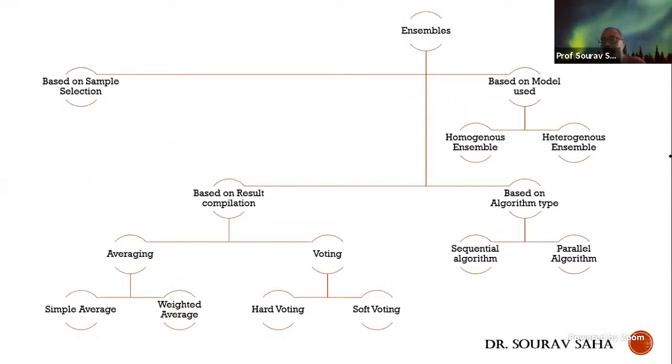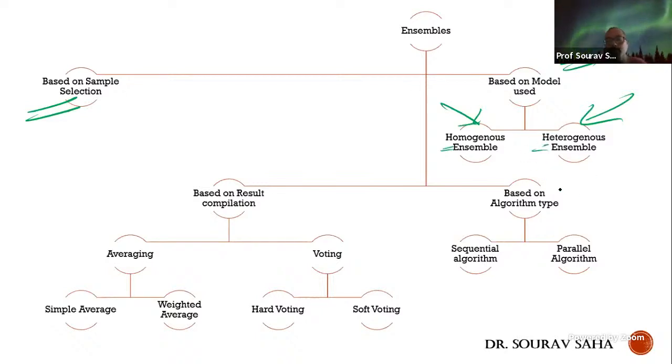So, techniques or strategies for ensembles. There are multiple techniques. One is based on how you select the models, based on sample selection, how you select the samples for the ensemble. You can end up taking different models, homogeneous or heterogeneous, which creates different kinds of ensembles.